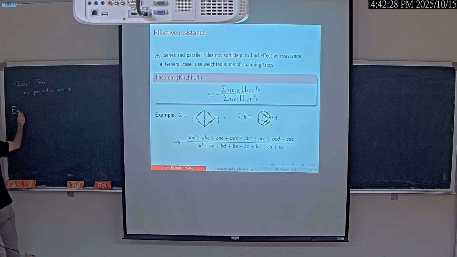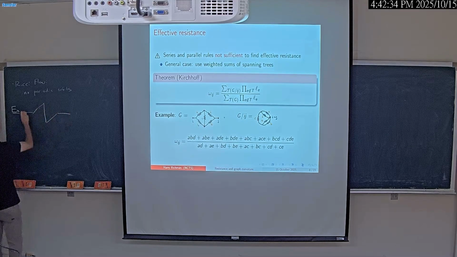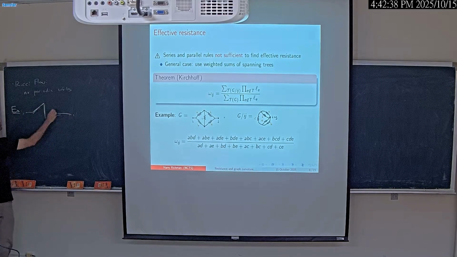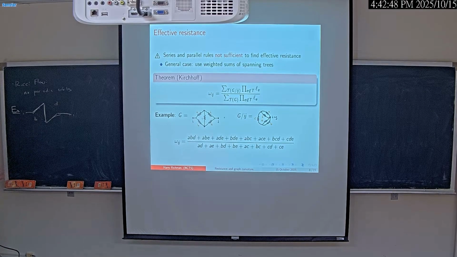to say one example of the effective resistance, one possible spanning tree is taking these 3 edges, and these 2 edges are deleted. So if we delete edges B and D, what's left over is a spanning tree. I guess I didn't give a definition, but a spanning tree means the subgraph is connected and there's no cycle.